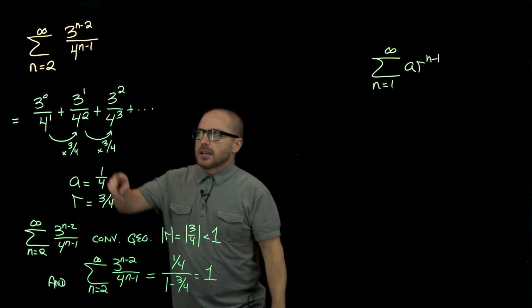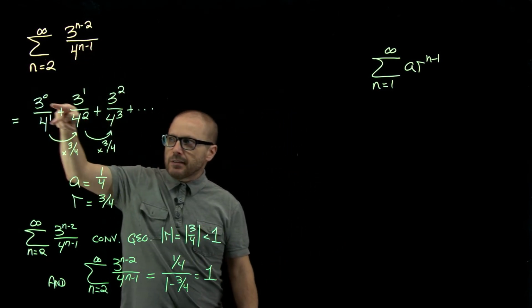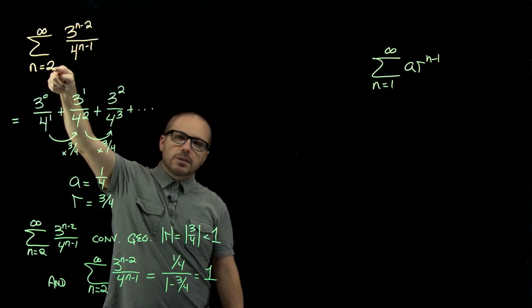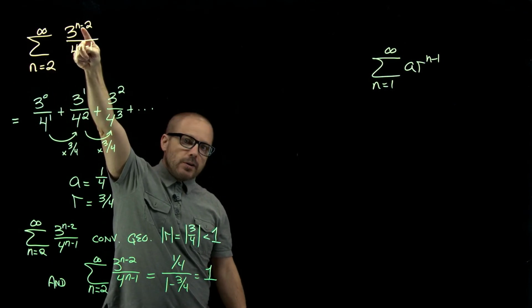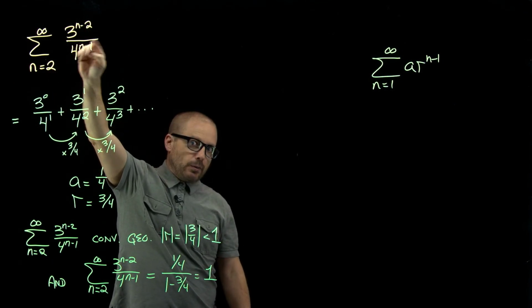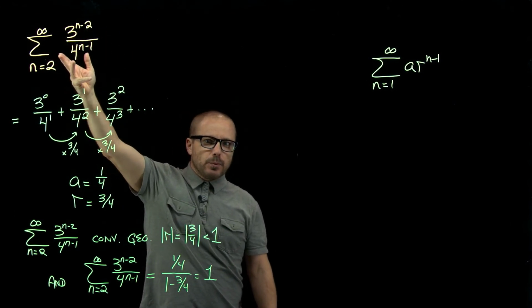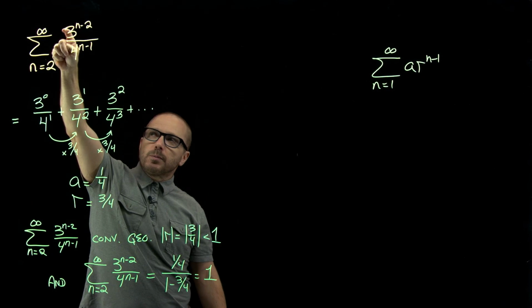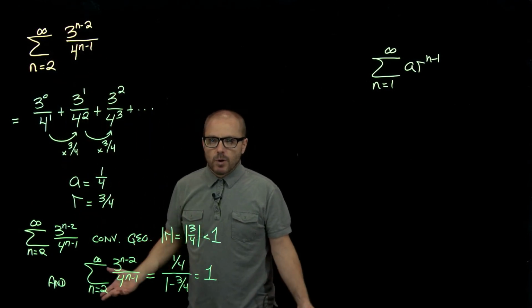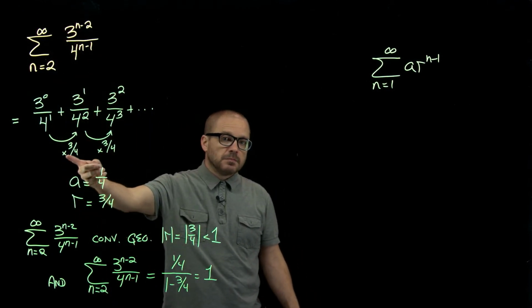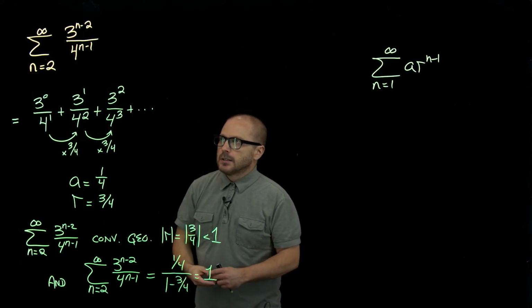But if I just think about what the terms do without even writing them out, every time n goes up by 1, that power goes up by 1, and that power goes up by 1, and that's it, right? That's the only change. So each term is the same as the previous term, except now you've multiplied by a 3 on top and a 4 on bottom. So that is a geometric. That's what we're seeing here.